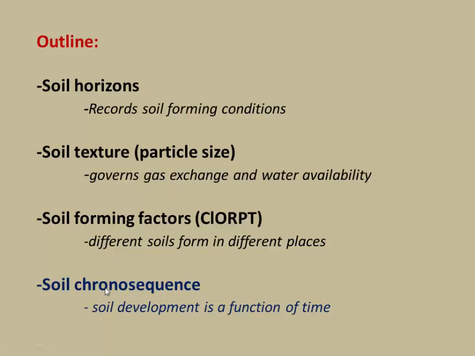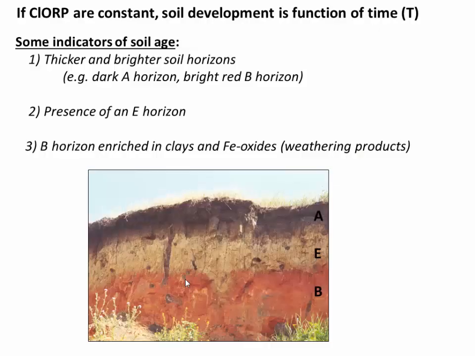All right, so this brings us to the last soil forming factor, and that is time. And I want to talk about how we can use time to create a soil chronosequence. So if climate, organic material, relief, and parent material are all constant, then the rate of soil development essentially depends only on time, okay?